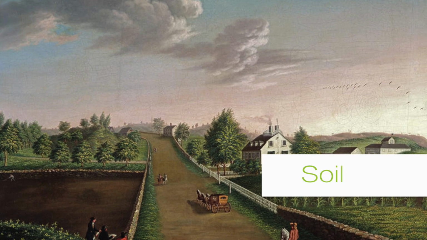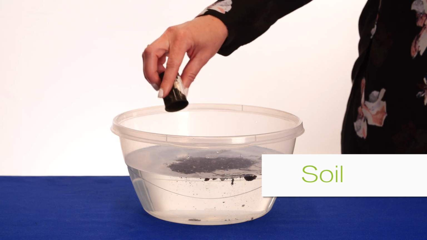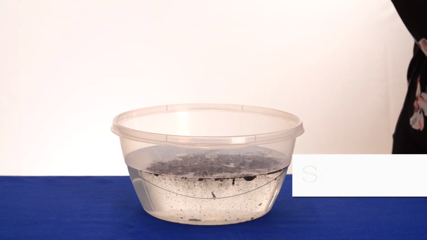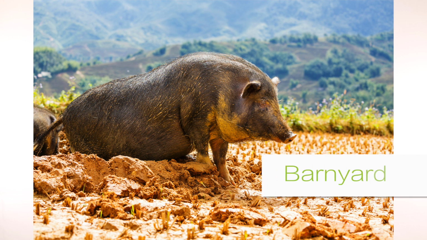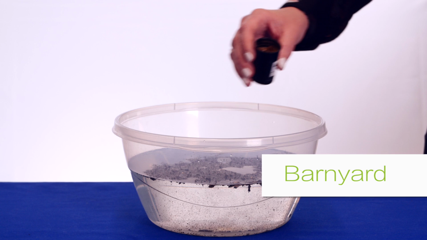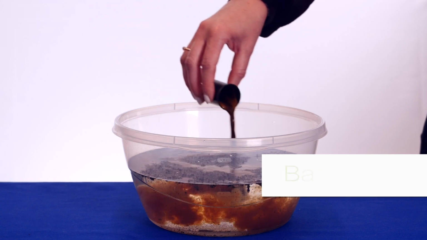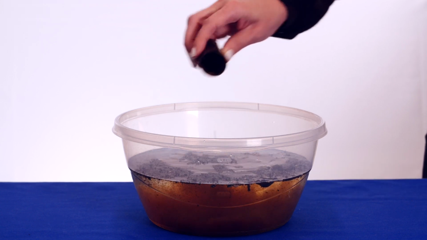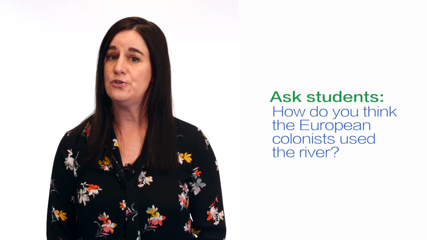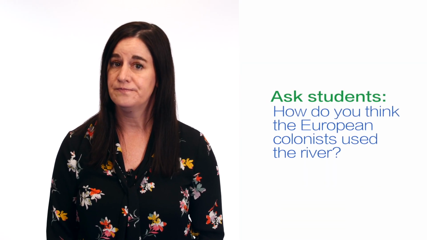Soil washed off the plantations and into the river. The European settlers introduced new animals to this land, including livestock. Farmers kept pigs and other animals in their barnyards. And as rainwater drained out of the barnyard, it carried some of the manure into the little creek behind the farm. The creek flowed into the river. Ask students, how do you think the European colonists used the river?